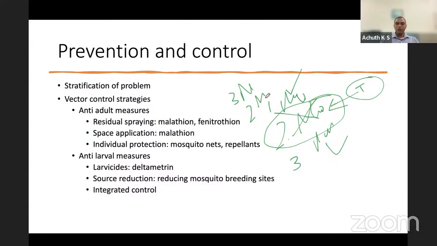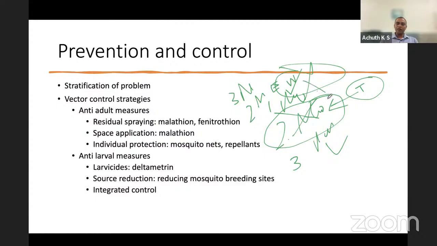First is the egg. For the mosquito to lay egg, you need a water body. So identify those water bodies and close them, so there is no place to lay eggs. That is one measure. If you have missed by any chance that water bodies could not be closed, you do one thing.